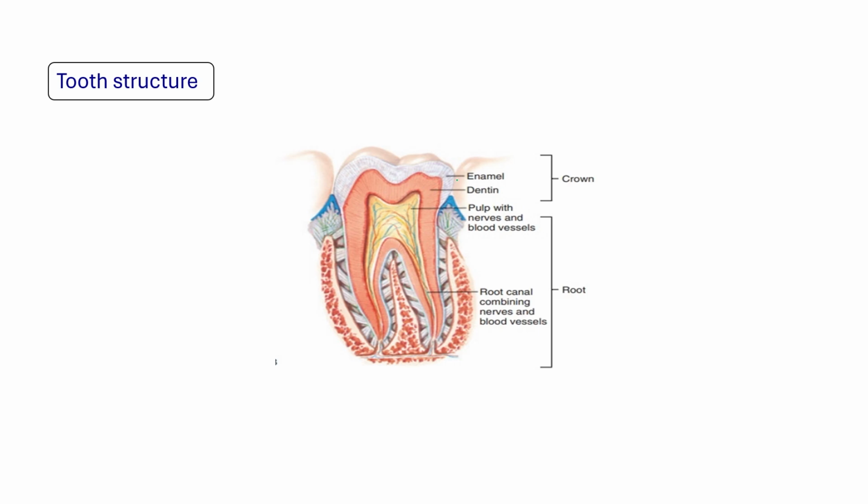This is the hard surface which helps to cut and break down bigger particles into smaller particles, followed by the dentine. The lowest part is known as pulp, and on this pulp side there is a nerve and blood supply. This part is known as the root, and the upper part, which contains enamel and dentine, is known as the crown part of our tooth. This is the general structure of our tooth.